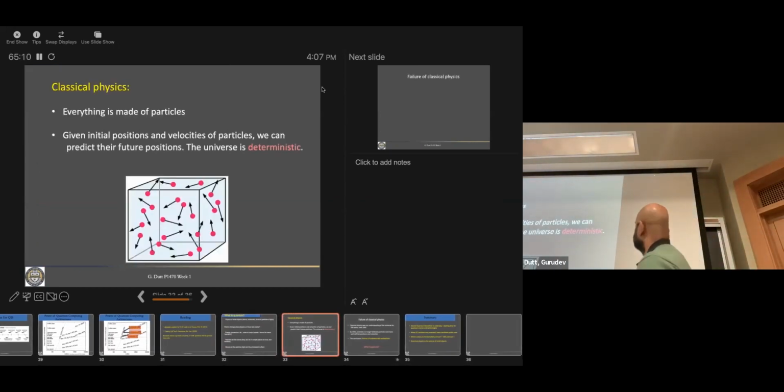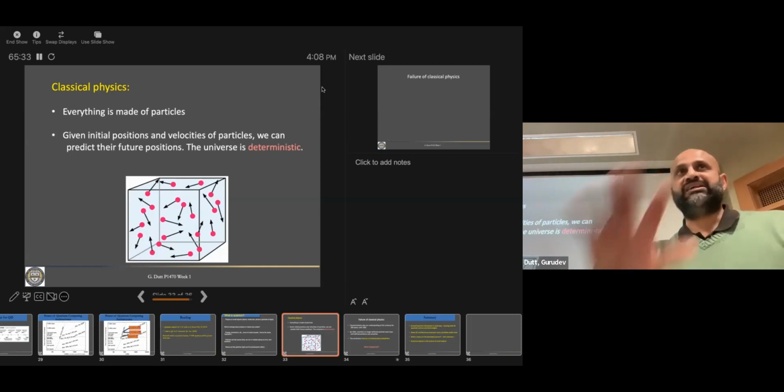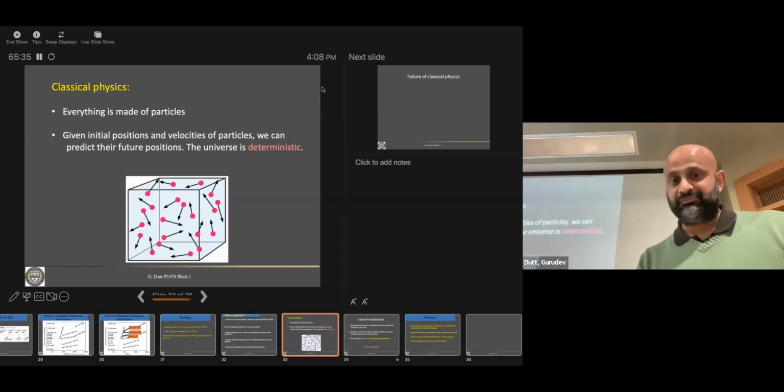This is just summarizing what I said a little while ago, that in classical physics, everything is made of particles or waves. If I give you the initial positions and velocities of the particles, then I can predict all of their future positions. The universe is completely deterministic, except for chaos, but we won't worry about that for now.